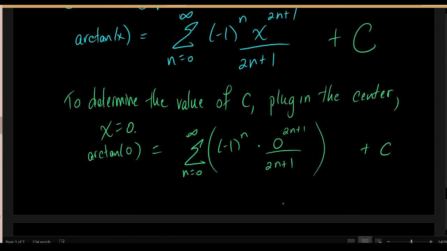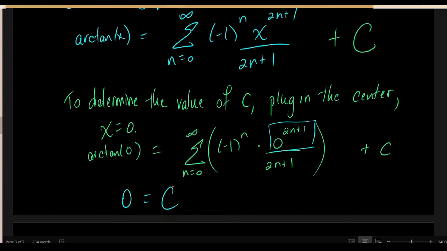Now arctan of 0 is equal to 0. And because 0 to any positive power is equal to 0, all these terms in the series vanish, and I'm left with 0 equals c.